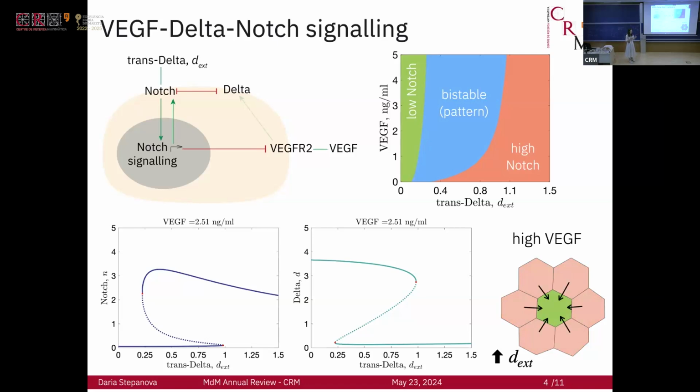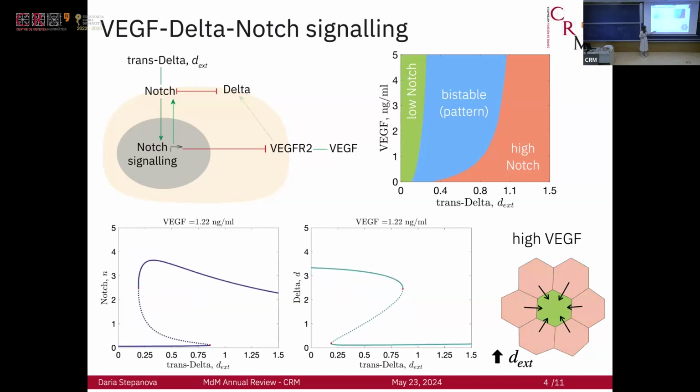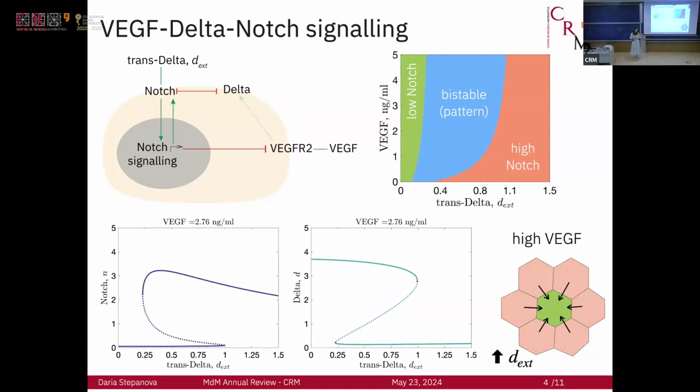And then it means that if you want to maintain the same pattern to happen, this bistability region needs to shift and open towards the right-hand side. So if I make this plot animate for the increased VEGF, you can see how they're moving and they're opening up. So this is only to maintain exactly the same pattern, for a variety of different VEGF levels.